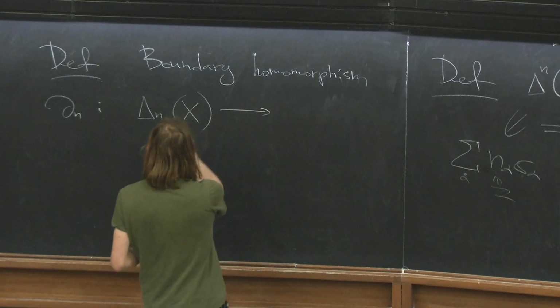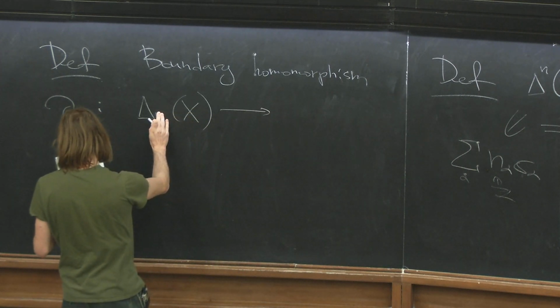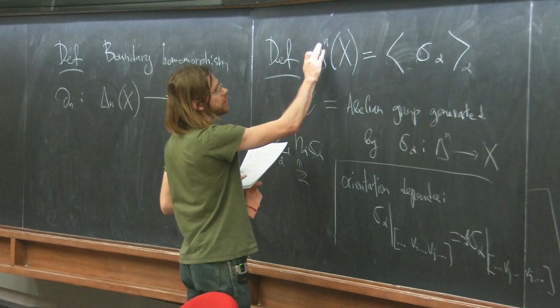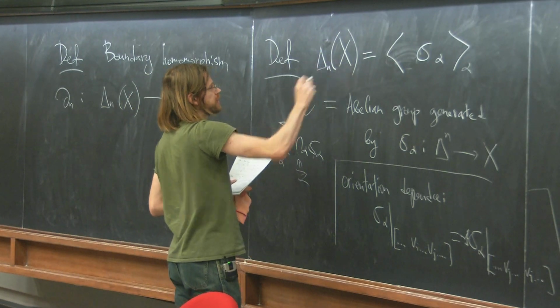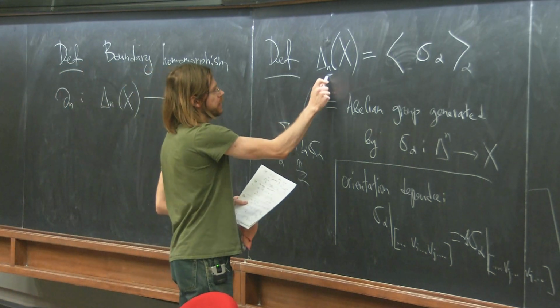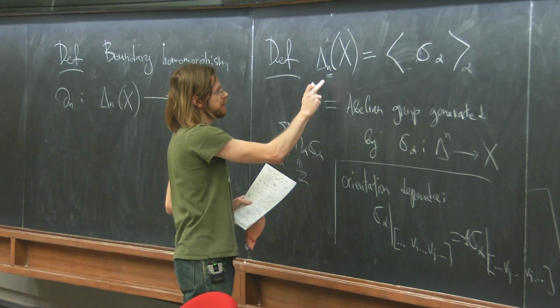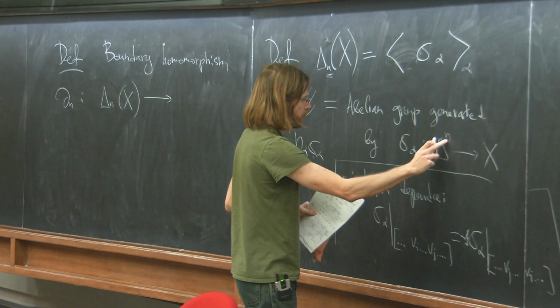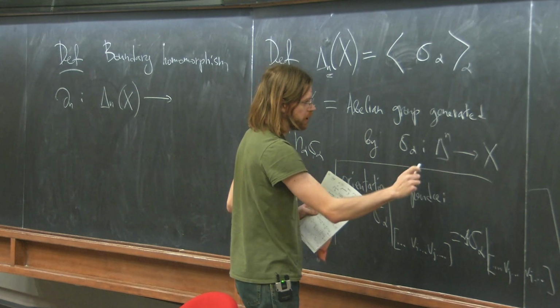Denoted by delta d n. Actually, it's better to denote this index as a lower index. Here n is some fixed integer which we take.